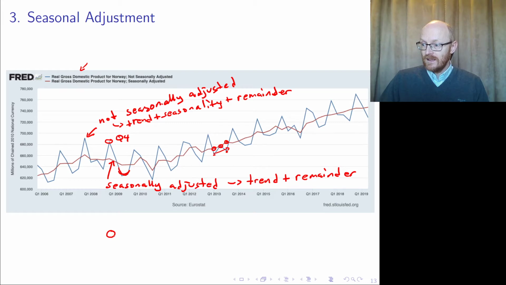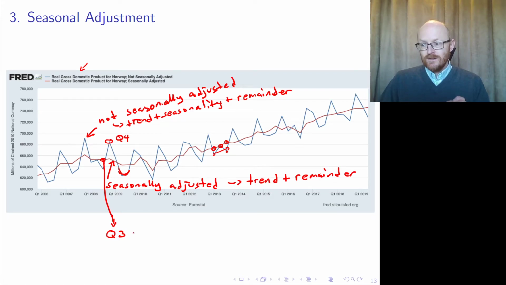Let's say that we are trying to make the seasonally adjusted price for Q3. Okay, for one of the Q3s here, for example, this one.